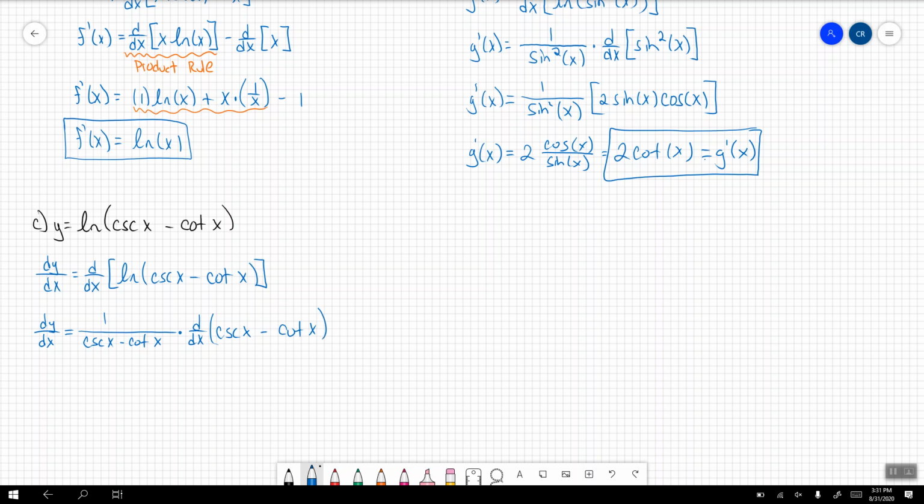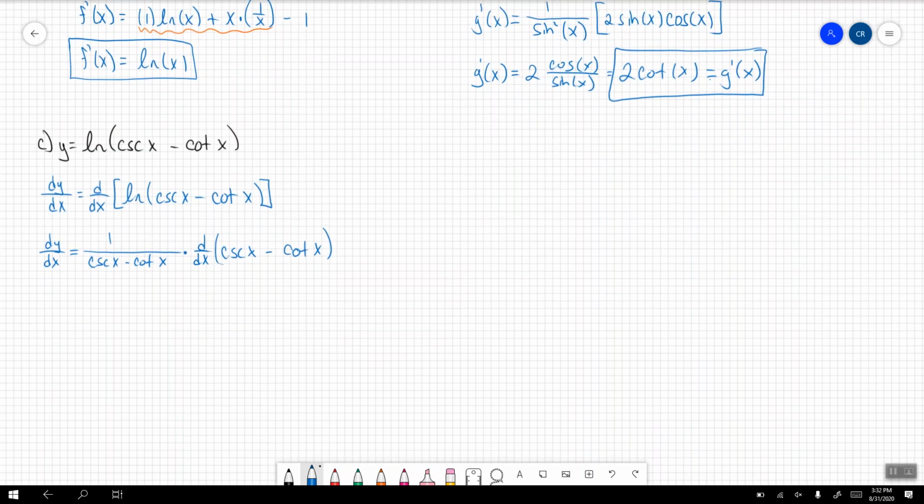So now we have to start analyzing what is the derivative of cosecant x and what is the derivative of cotangent of x. Well, for that you can go back into Calc 1 and look up those derivatives that we need. The derivative of cosecant of x is negative cosecant x times cotangent of x, and I will put that here.